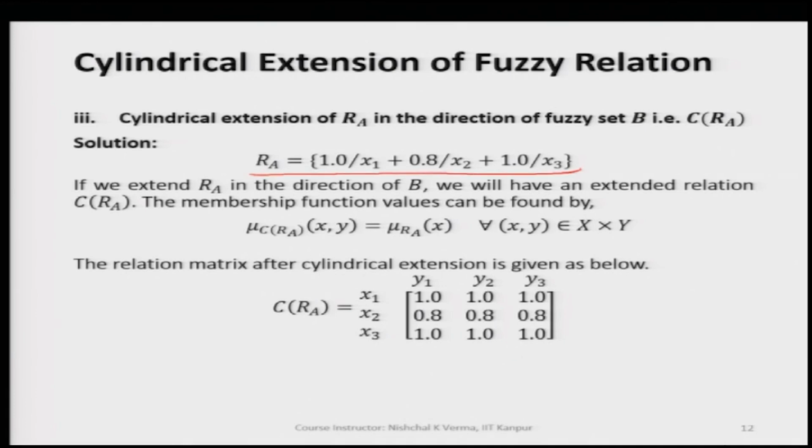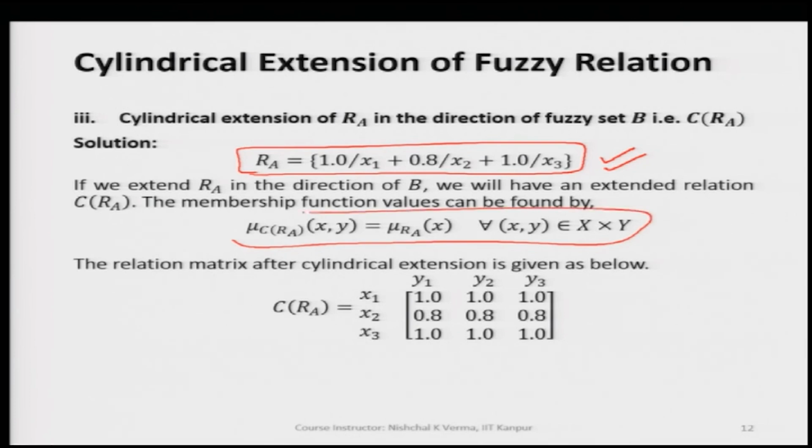We have here the RA which we got after the projection of R on A. When we apply the formula for the cylindrical extension, mu C of RA of x comma y is going to be mu RA of x for all x comma y in the universe of discourse capital X cross Y.